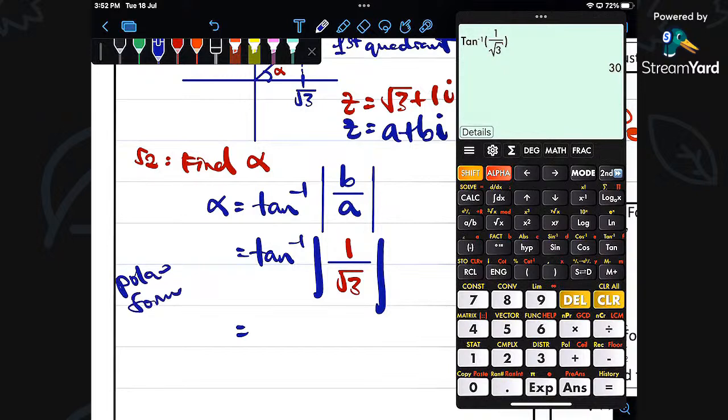Untuk penulisan polar form, dia mesti dalam bentuk radian. So you got to change this answer into radian. So radian dia adalah pi over 6. Okay, you just use your calculator and you will get the answer of pi over 6. So that is your answer.